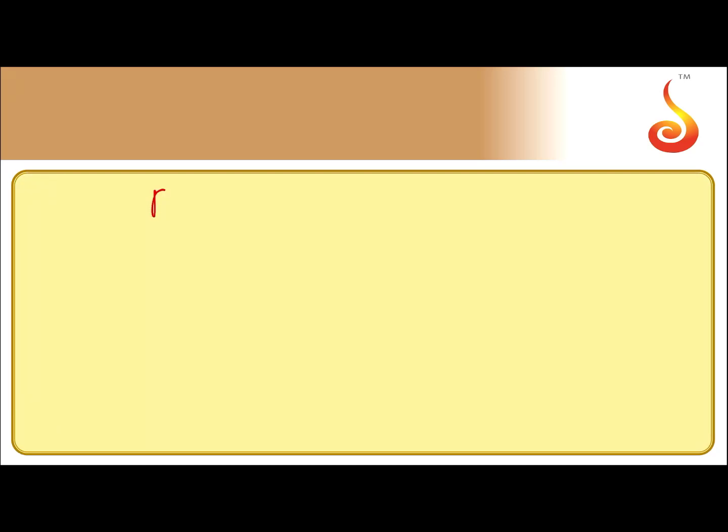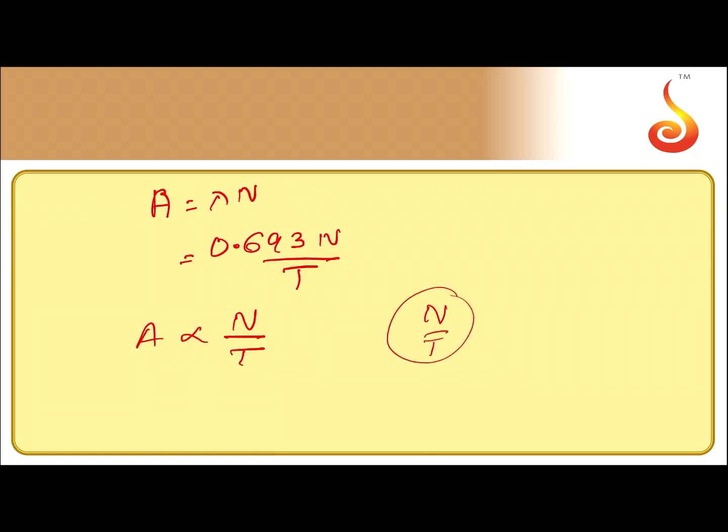So, activity is given by lambda n. That's nothing but 0.693 n divided by T. That means the activity is directly proportional to n and inversely proportional to half-life. So now if you look at the value of n by T for various containers, which has the highest value?